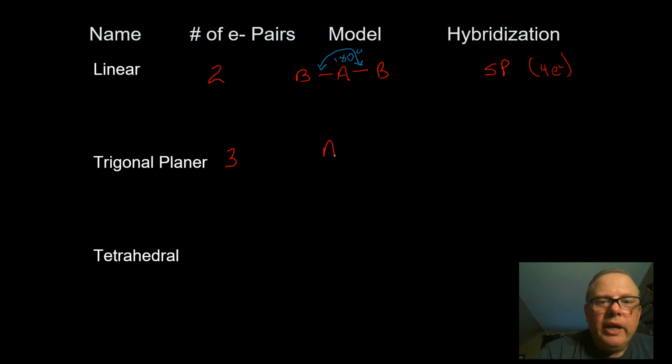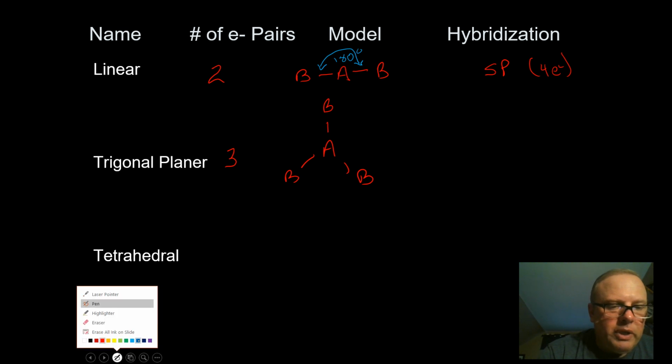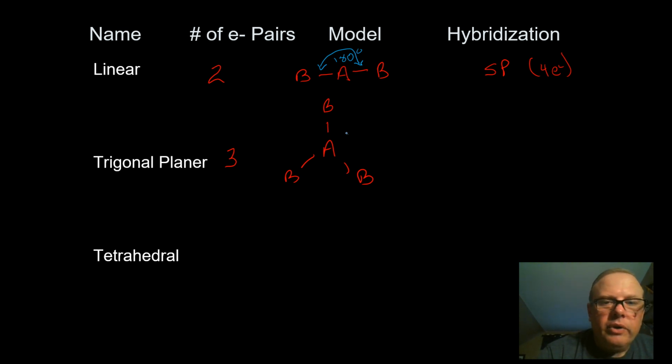So we'll put A in the middle and we'll bond it to B, bond it to B, and bond it to B like that. And they are going to be as far apart as possible. And as far apart as possible on this is going to be 120 degrees like this. And each of these will be an equal 120 degrees.